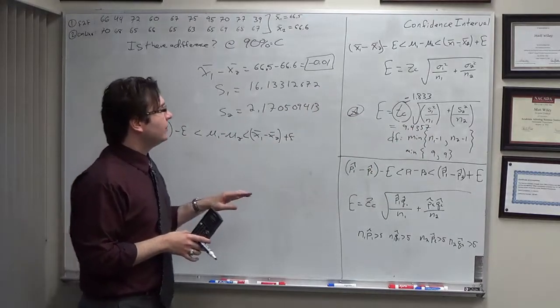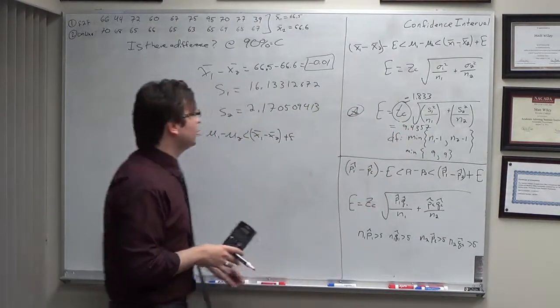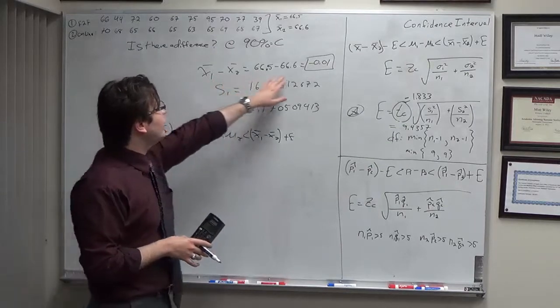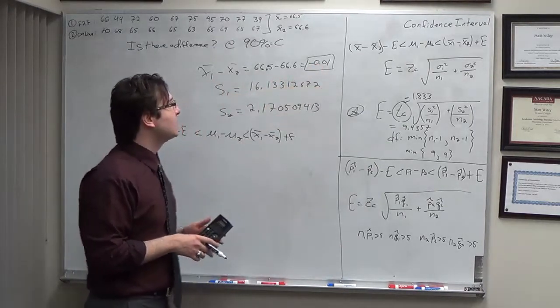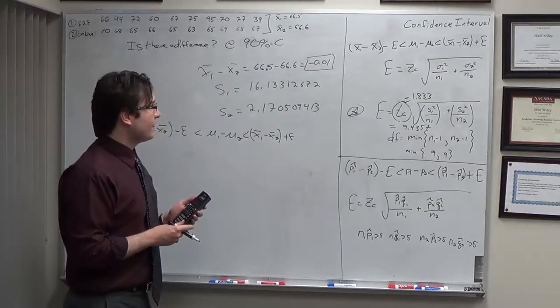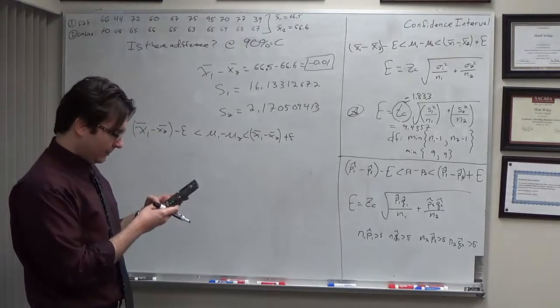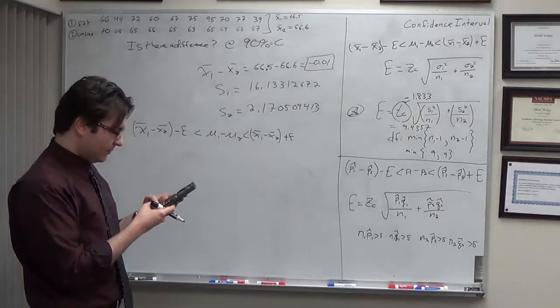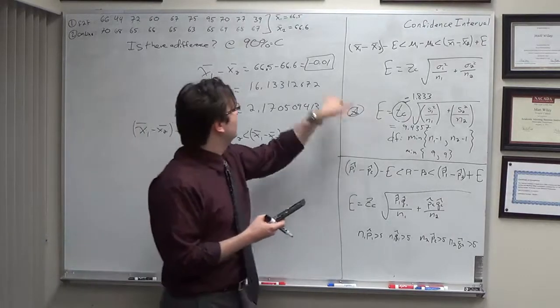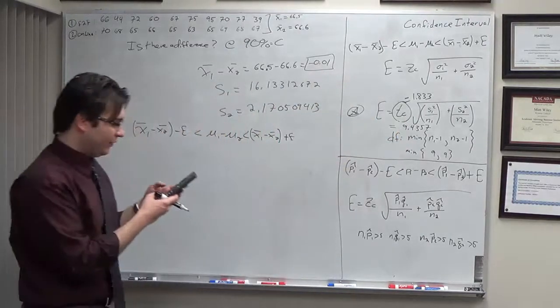Again, we can now, at this point, finally start to round things a little bit. This number E is what we add and subtract to this difference right here. So if I have 0.01, then I'm going to go ahead and subtract 0.01 minus 9.4.